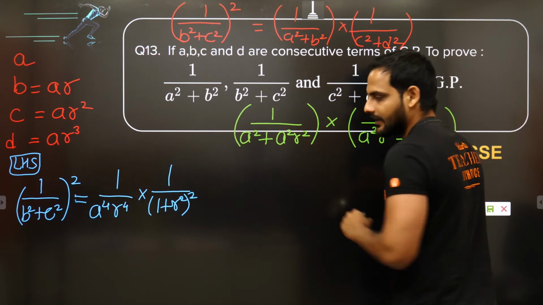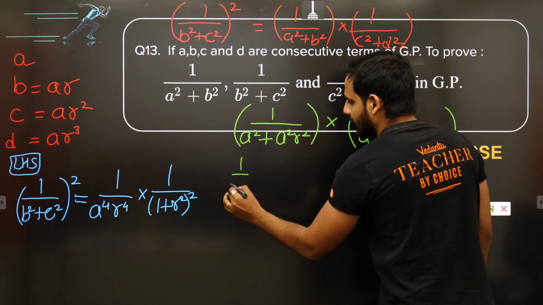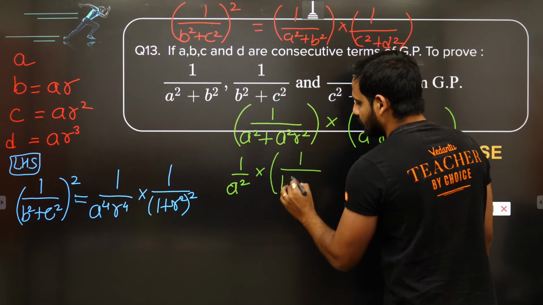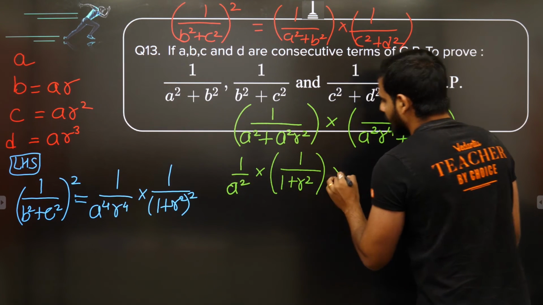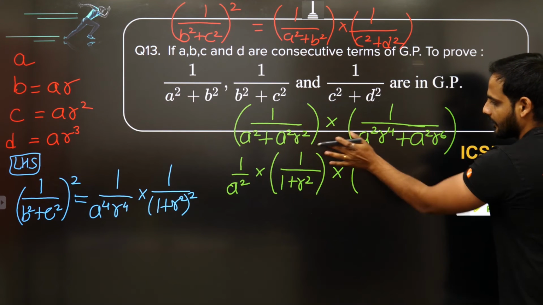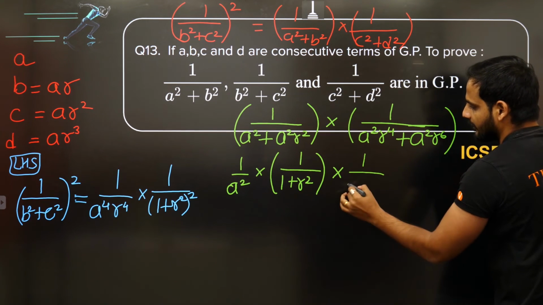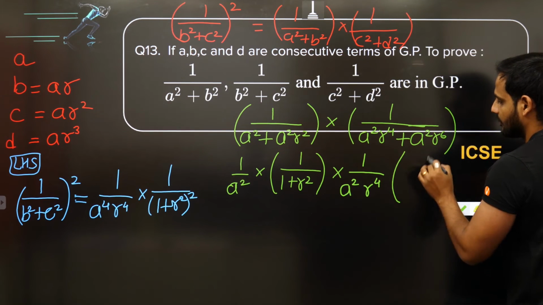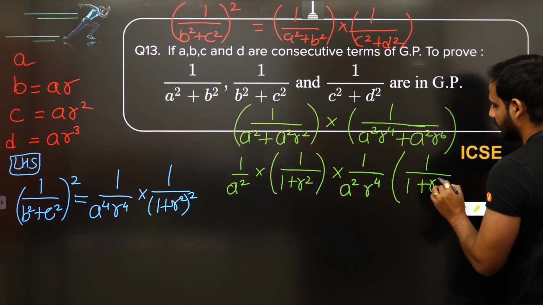Beta, in this part you can take A square common. So if I take A square common, I am left with 1 by 1 plus R square. Into, here I can take A square R raised to the power 4 common. So I am left with 1 by 1 plus R square.